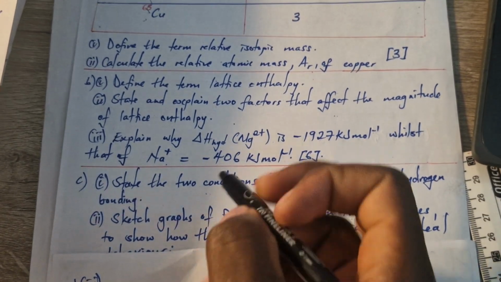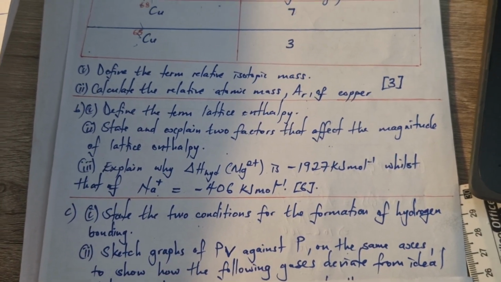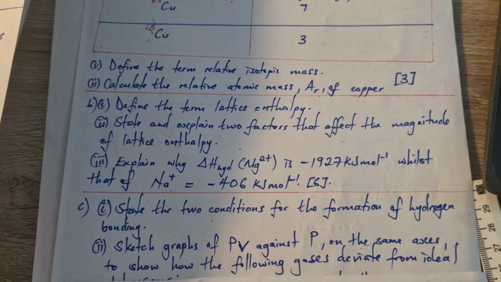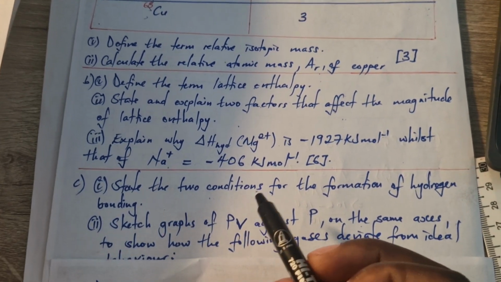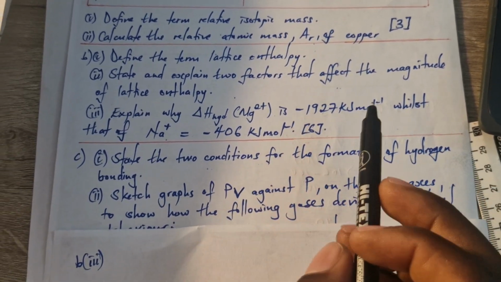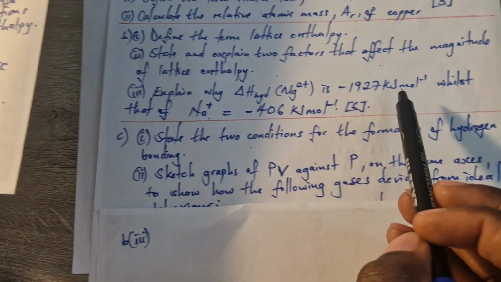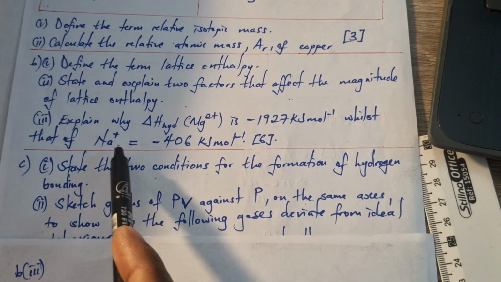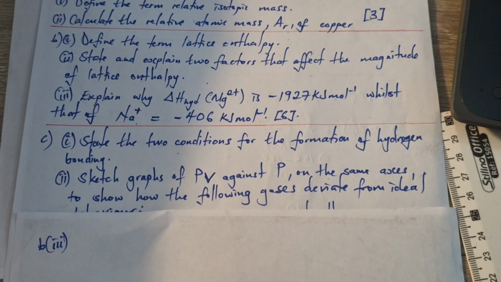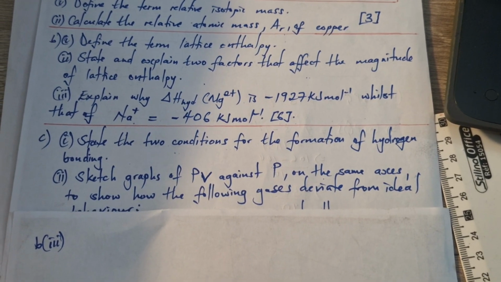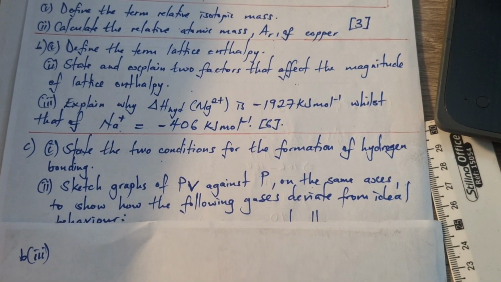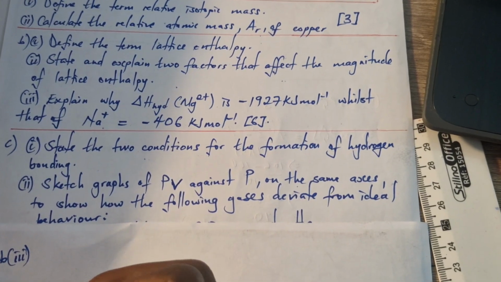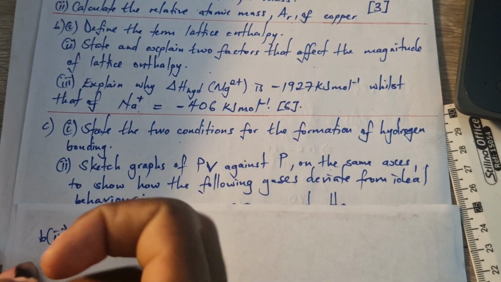So what is different in magnesium ion and sodium ion? We can say that the hydration enthalpy for magnesium 2 plus ion is more exothermic than that of sodium ion.